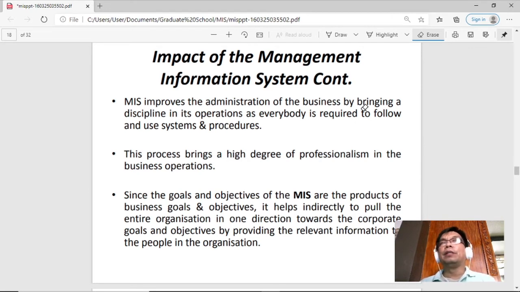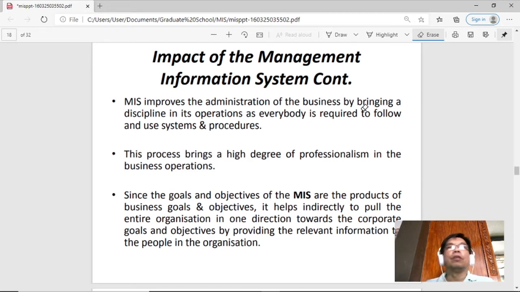But if we have a system, we have to follow the system. We have to encode using this format, etc. So that will improve the business by bringing discipline. So this process brings a high degree of professionalism in the business operations.